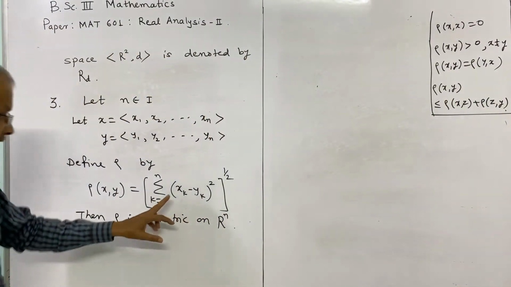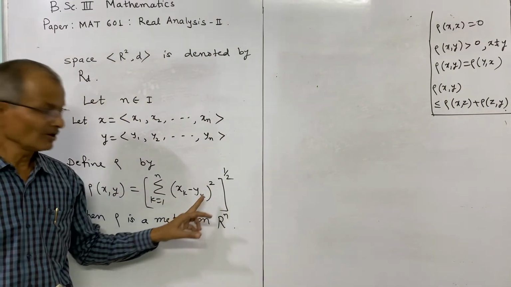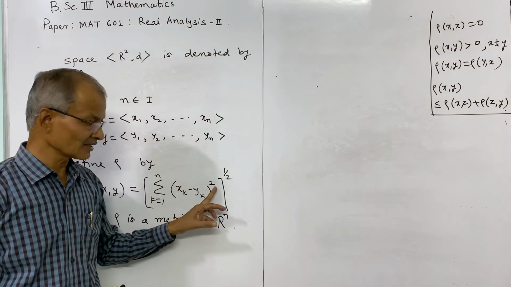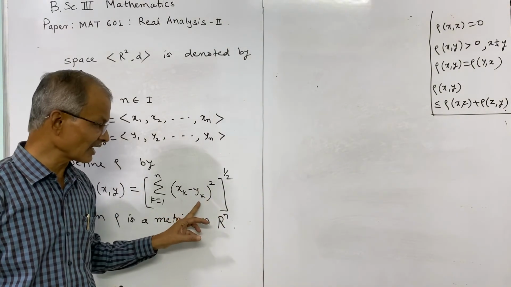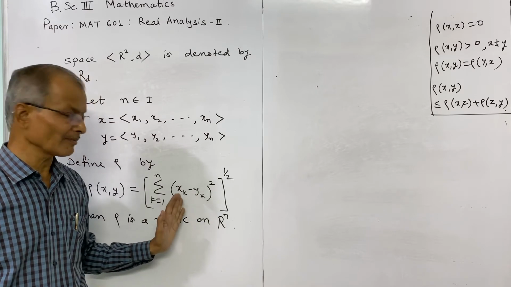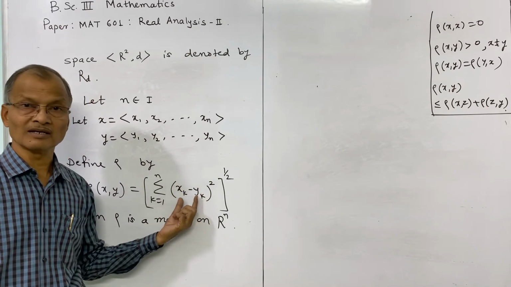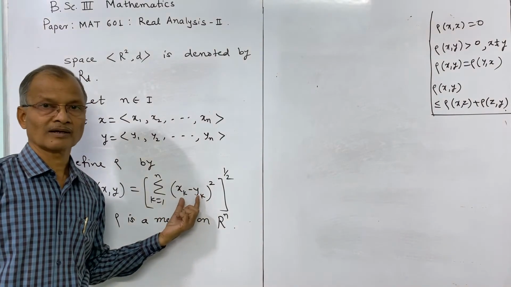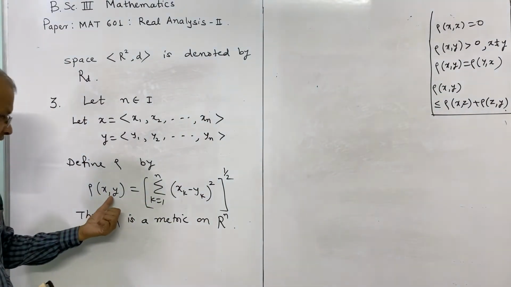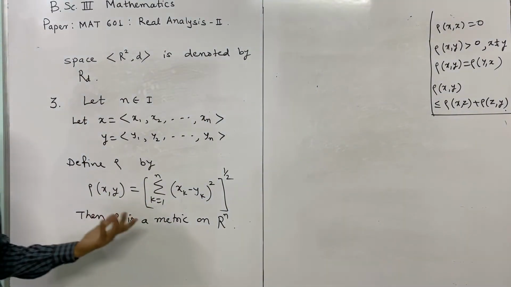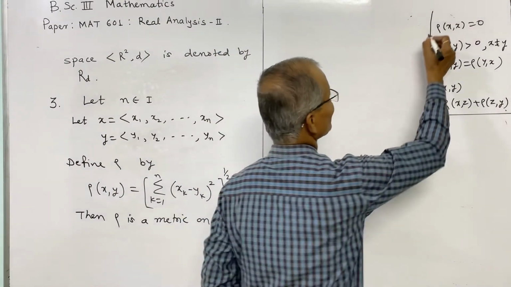And this can be interchanged in the square. We know that the square of xk minus yk is the same as the square of yk minus xk. This can be interchanged in the square, and therefore rho of x and y is the same as rho of y and x. So the first three properties are obvious.